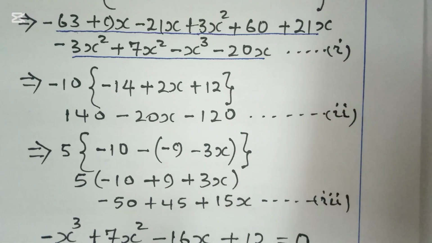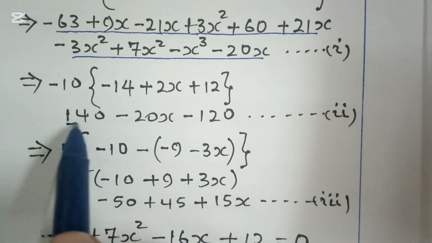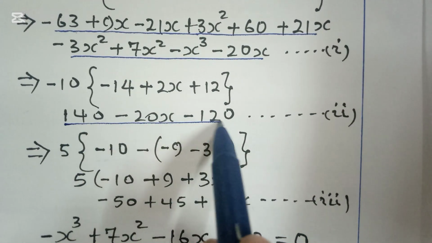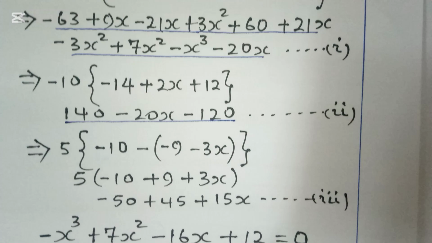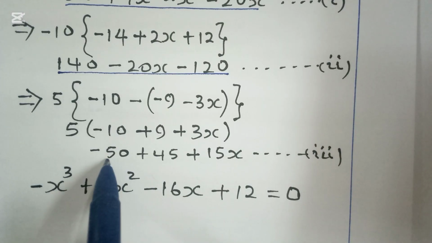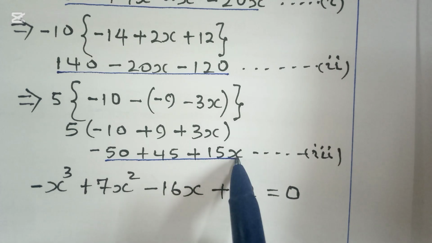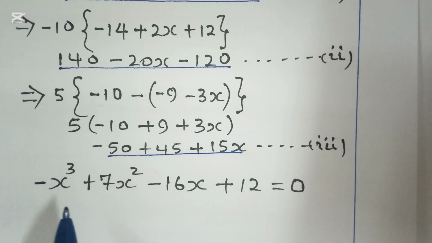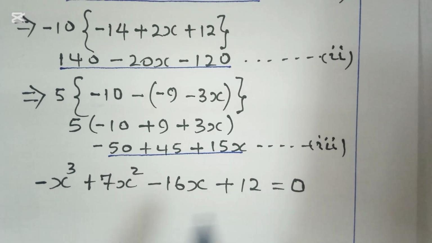Guys, you add Roman 2, which is this equation, and you add Roman 3. This is our third equation. Guys, this is what I have found as my final equation.